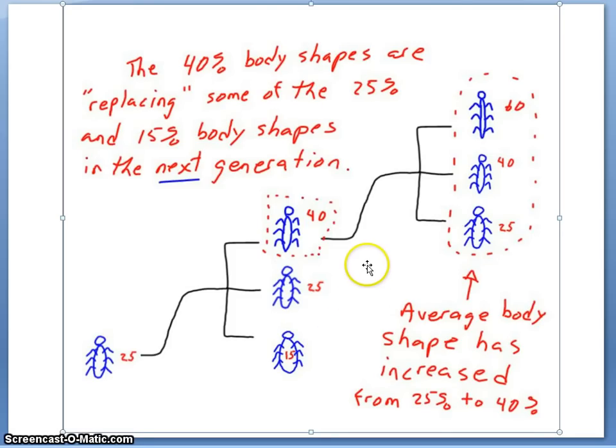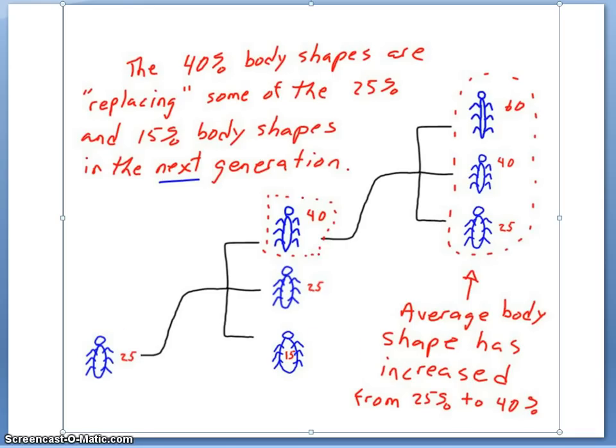So that's the idea of the substitution, that it's the babies of the most fit individuals that are being substituted for the babies of the less fit individuals. So the next generation has an overrepresentation of the babies from the most fit individuals and an underrepresentation of the babies from the less fit individuals.